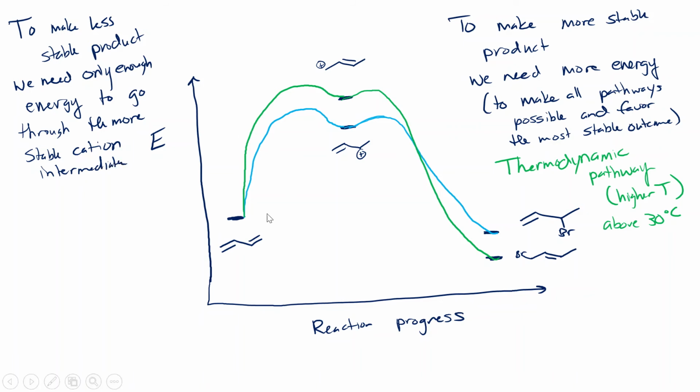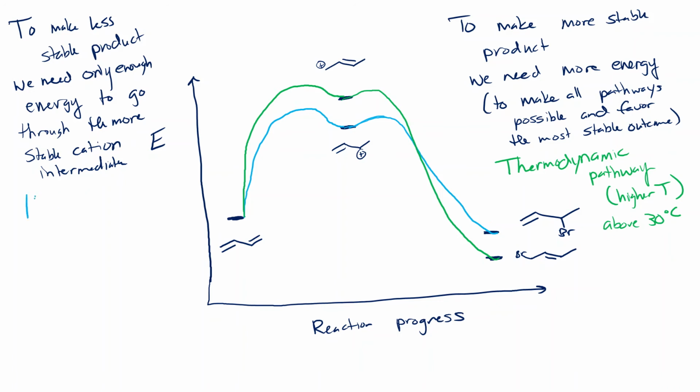Right. So if we have less energy, we can only access the blue pathway. We only access the secondary cation, and therefore the secondary bromide as the product. And so in this case, that would be something where we would be looking at lower temperatures, right? So if we put less energy into the reaction, it's going to be less likely that we follow the green pathway, and so the thermodynamic pathway will no longer be available to us.